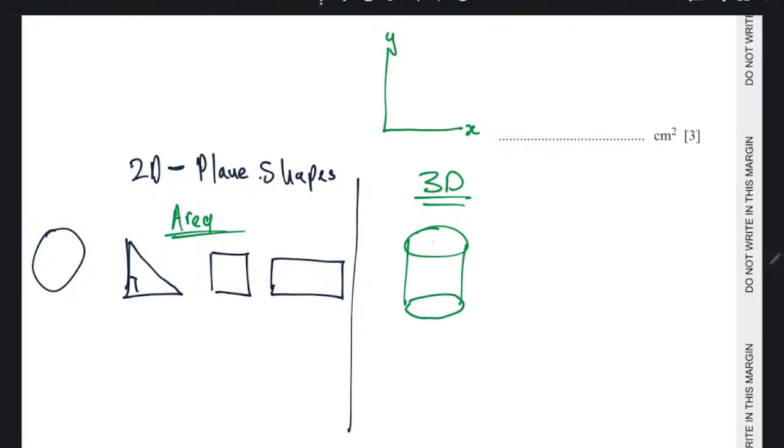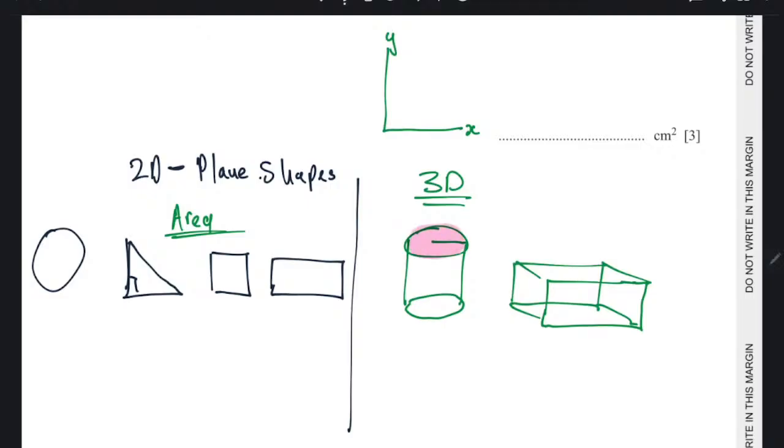You can go this way, you can go this way, you can go up and down. And for these ones, there is no word area here. You find volume on this. Once they say area, they want you to find the area of the faces of these shapes, because as a 3D shape, you can't get area.